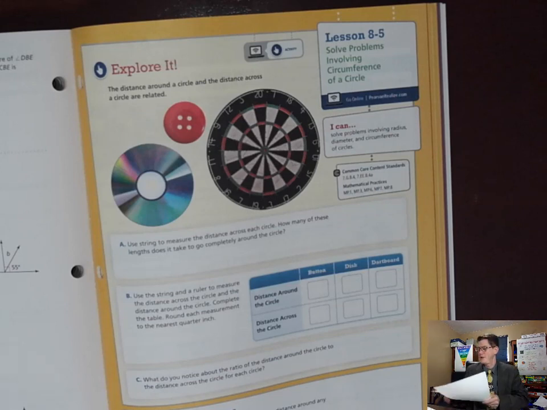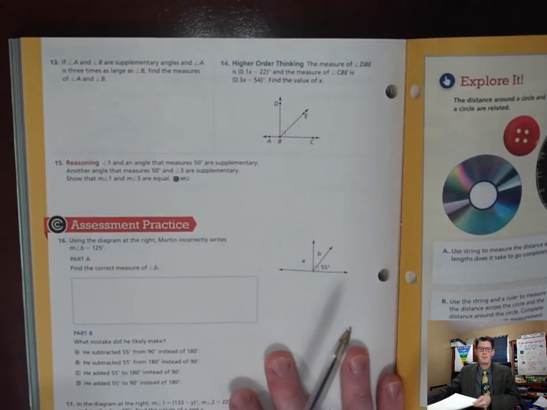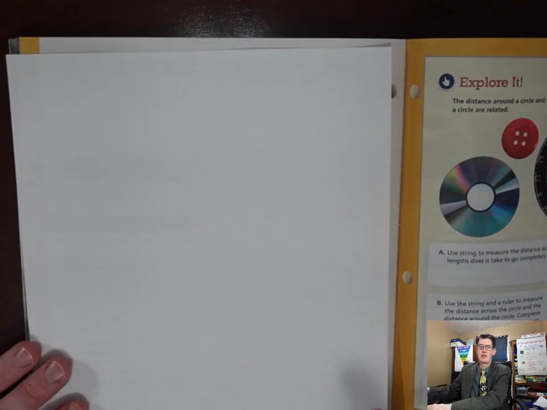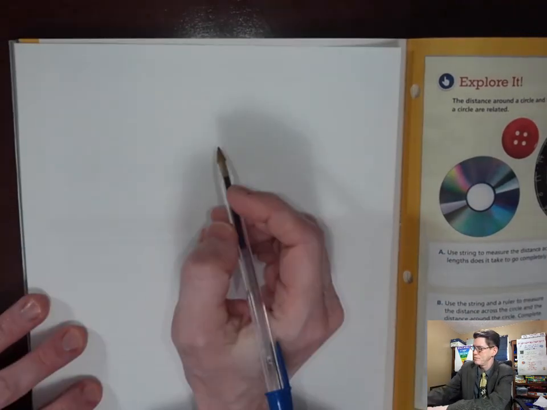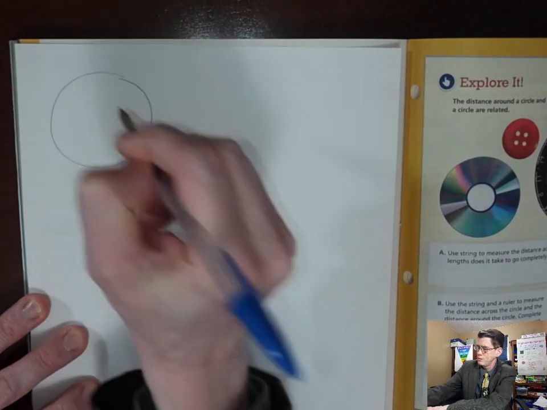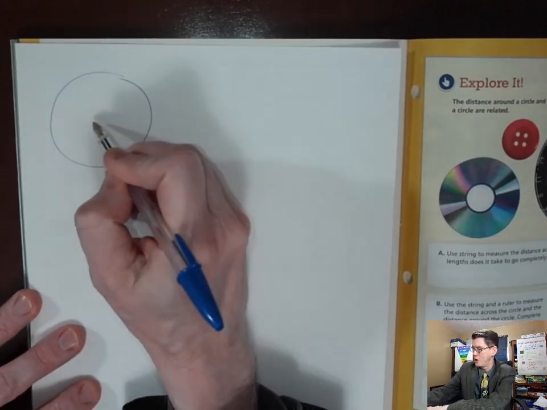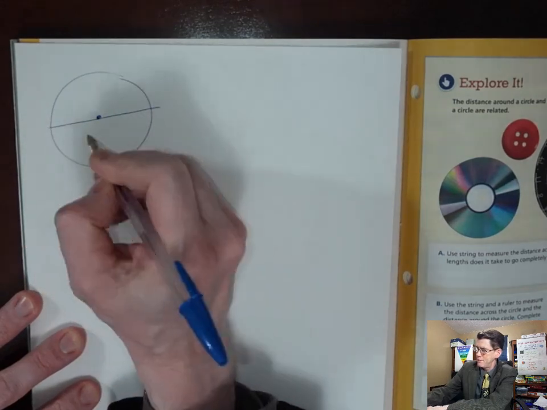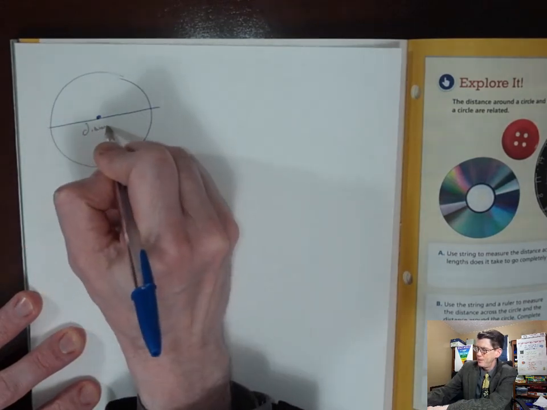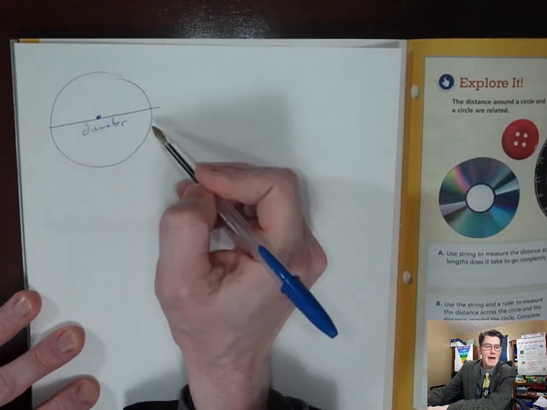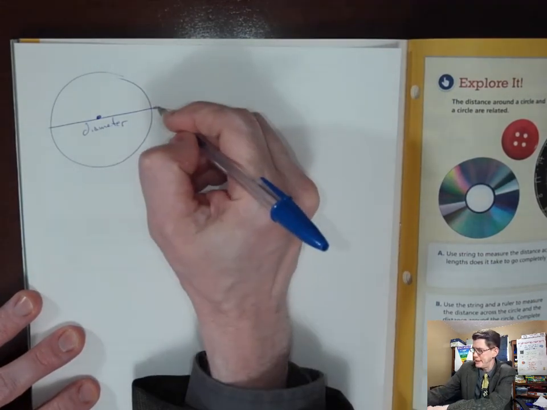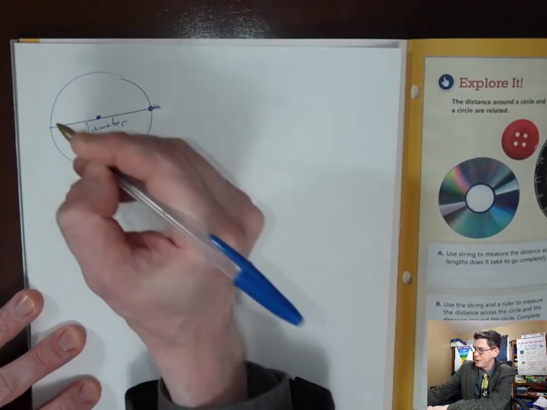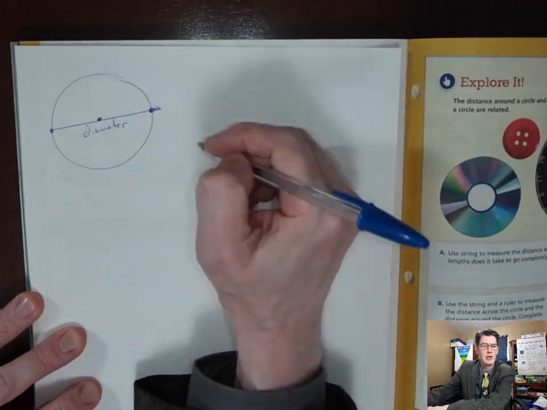Here's what the activity is trying to teach you. When you have a circle, the diameter of a circle, that goes from endpoint to endpoint through the center of the circle.